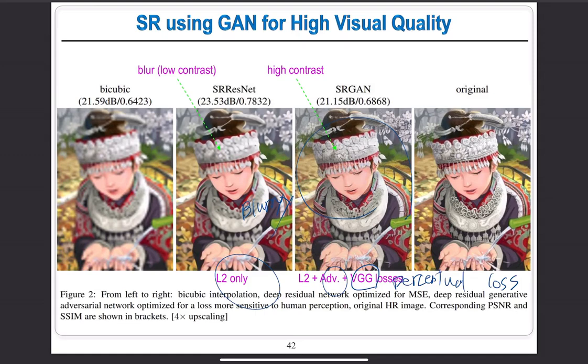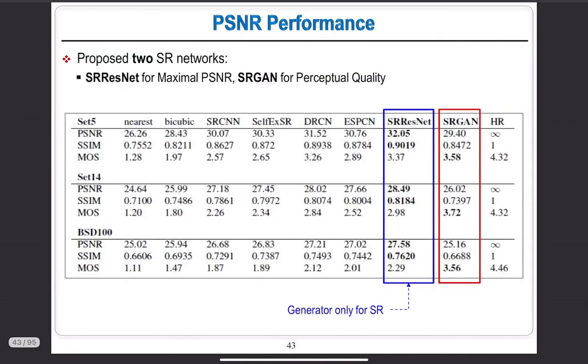This highlights the crucial point that maximizing PSNR does not always mean better image quality. Sometimes allowing the network to generate more realistic details or textures, even if they deviate slightly from the ground truth, gives much more visually pleasing results.